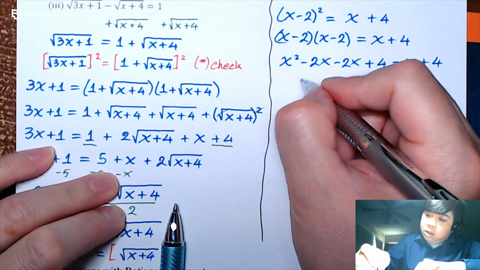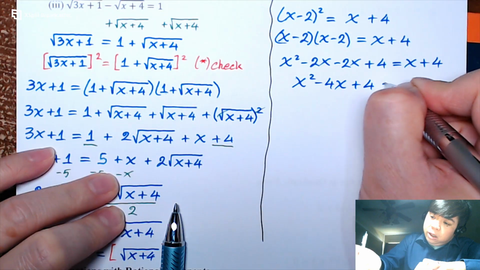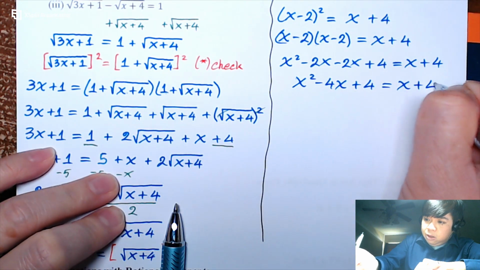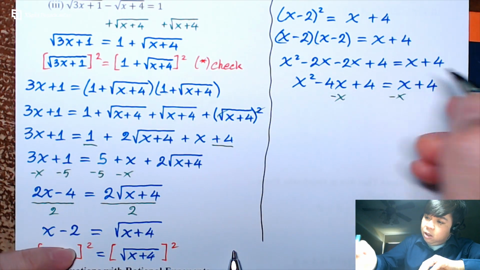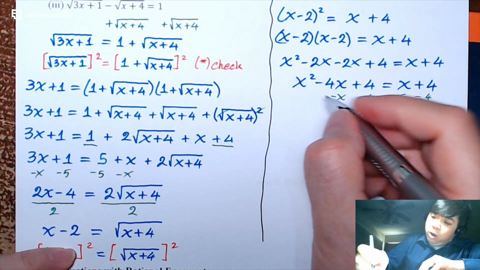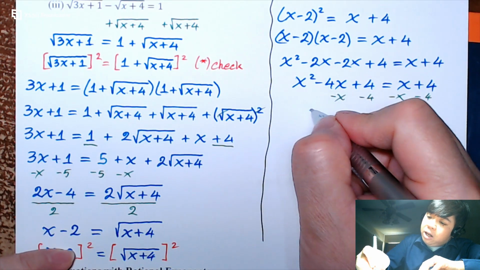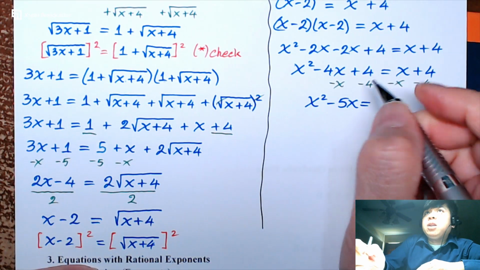Combine like terms: x squared minus 4x plus 4 equal to x plus 4. Minus x on both sides, minus 4 on both sides. We have x squared minus 5x equal to 0.